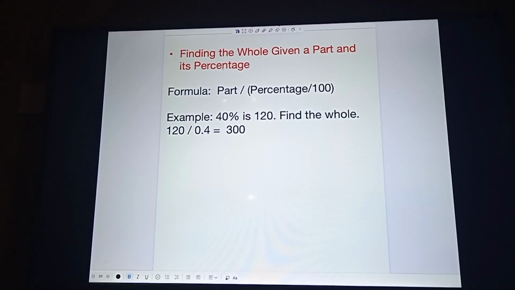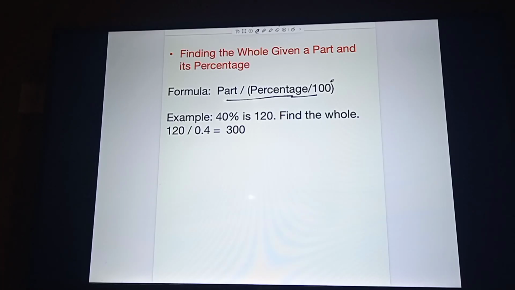Next core calculation is finding the whole given a part and its percentage. For this we are using the formula part divided by percentage over 100.